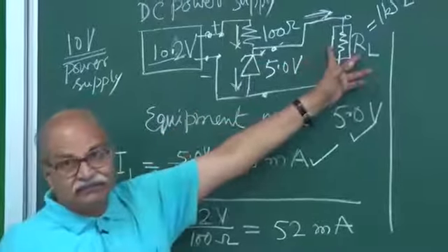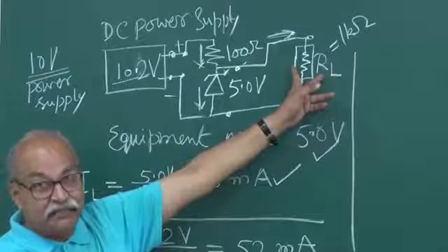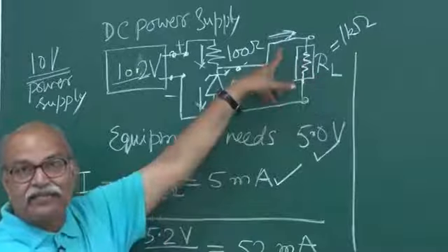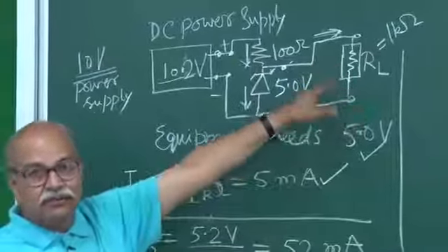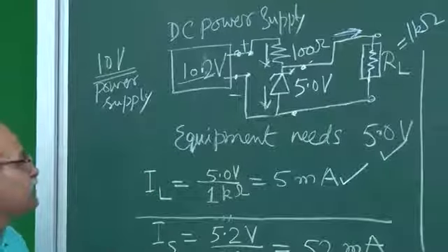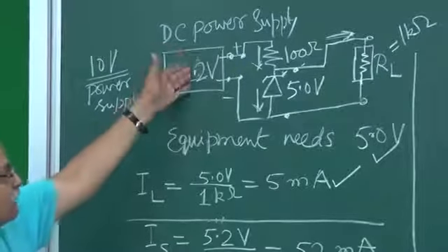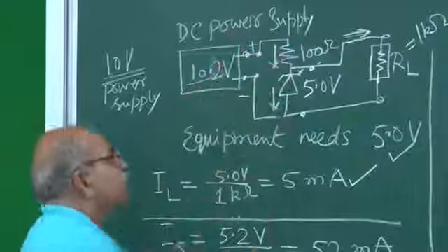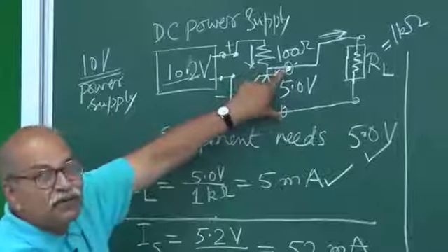But my equipment, my appliance, this load resistance, has no effect on it. It is getting a regulated power supply, 5 milliampere current is going through this. So this is how a voltage regulator is made. Whatever power supply you make, if you then connect a zener here and a shunt resistance here and take your output from here, this is a regulated power supply.